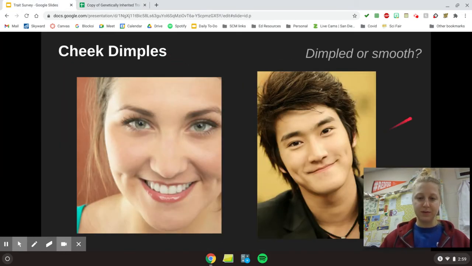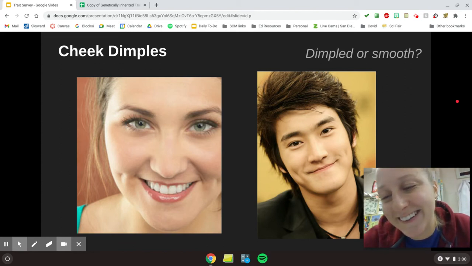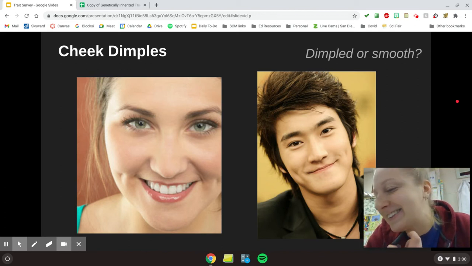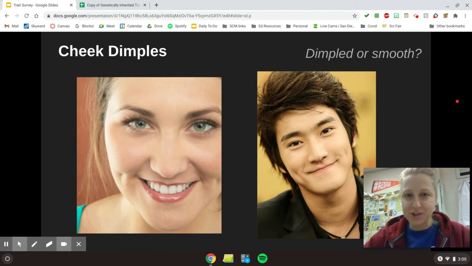Cheek dimples. I know that some of you don't like to smile very much, but you gotta smile for this and see if you get any kind of divot in your cheek. I maybe have a tiny bit of something right there, but not much.